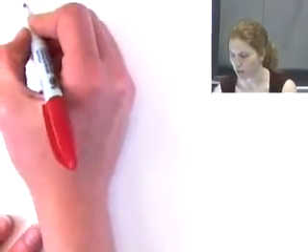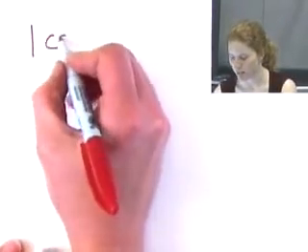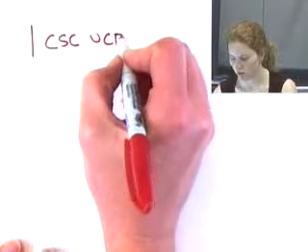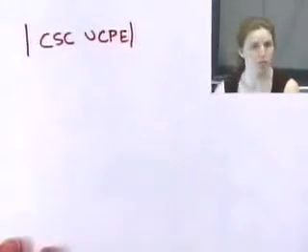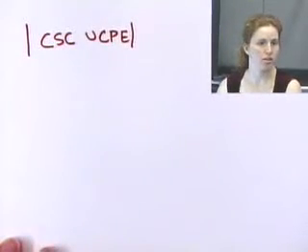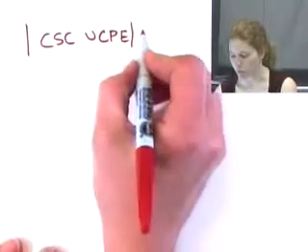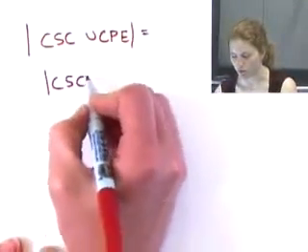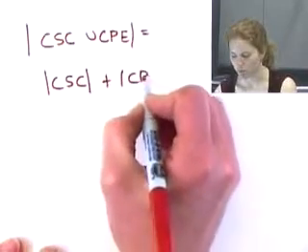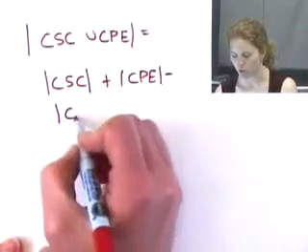So you might want to say, okay, how many CSC are there? Union CPE. And some people double major, right? So if they weren't allowed to double major, then this would be a simple case of adding. So this would be equal to the CSC students plus the CPE students minus the people who are both.